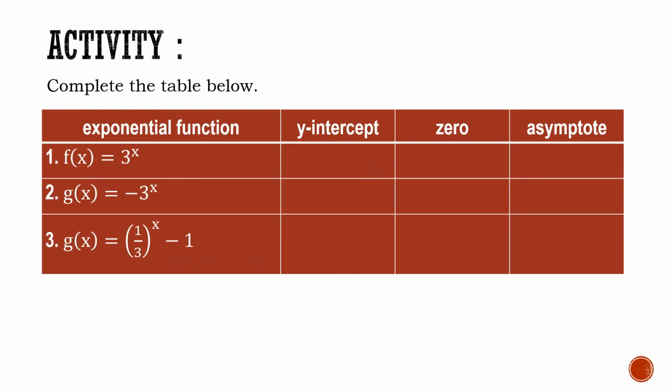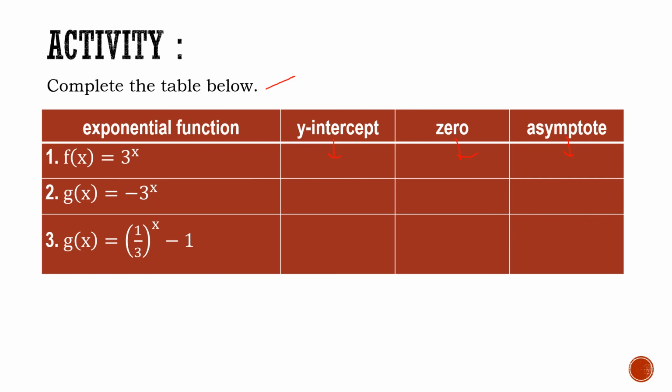So for your activity, you're asked to complete the table for your exponential function. You're asked to deal with your y-intercept, your zero, and your asymptote. So what will be the value of your y-intercept? You're going to assume that your x is equal to 0.